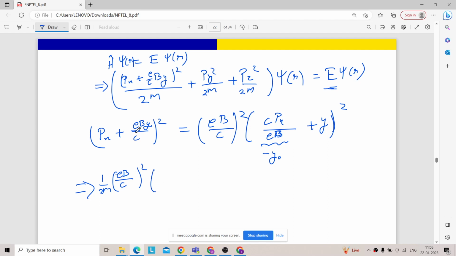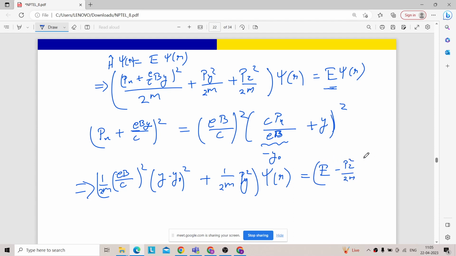Then I am taking this term as minus y, so effectively I will have (y minus y0) whole square plus 1 over 2m py square, and let me take this pz square to the right hand side, and then this is phi of r, this will become E minus pz square divided by 2m, psi of r, right.